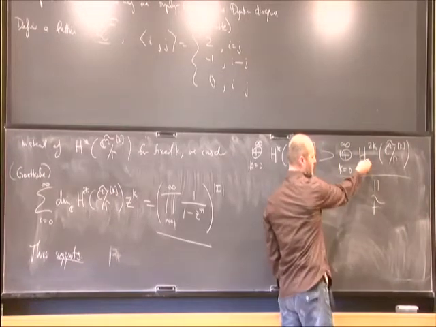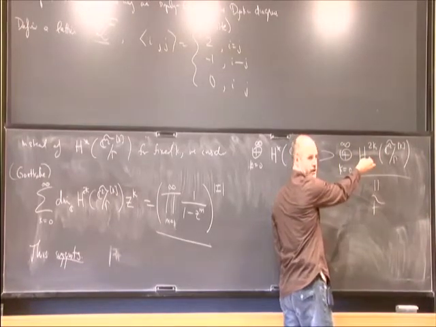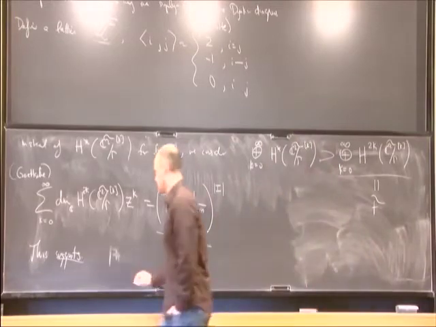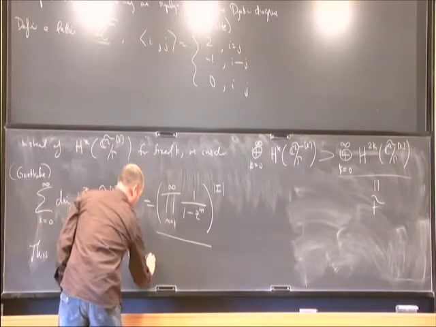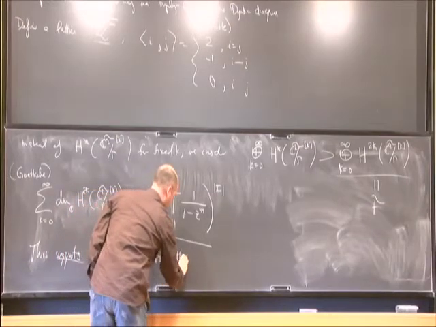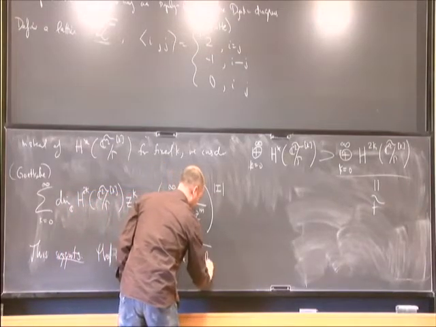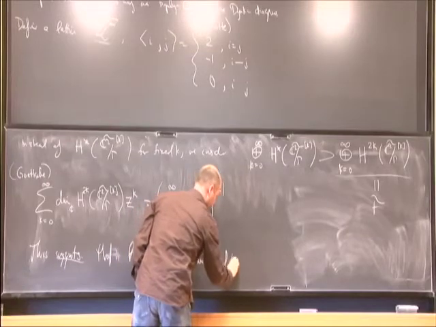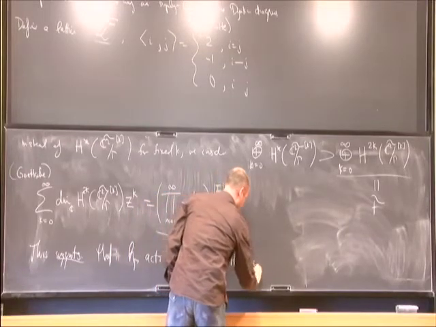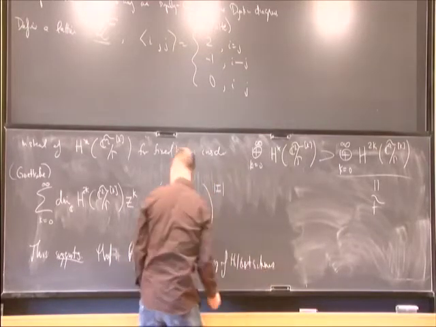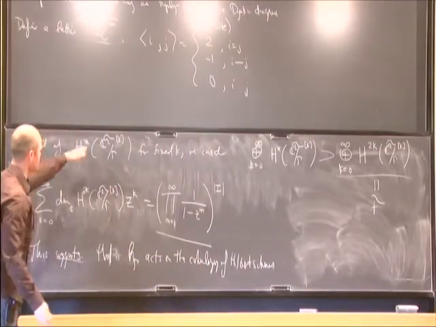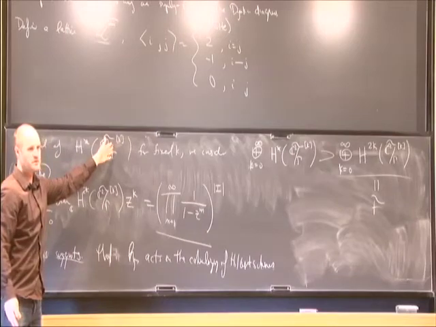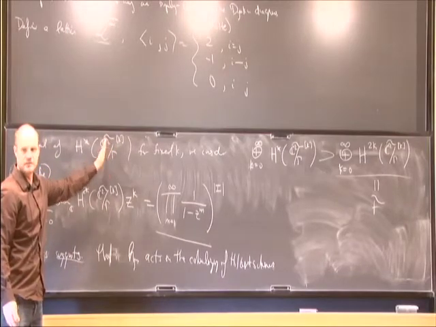It suggests that the Heisenberg algebra acts on the cohomology of Hilbert schemes. There's this kind of fantastic symmetry when you consider all of these Hilbert schemes together that you would not see if you considered a fixed k in isolation.